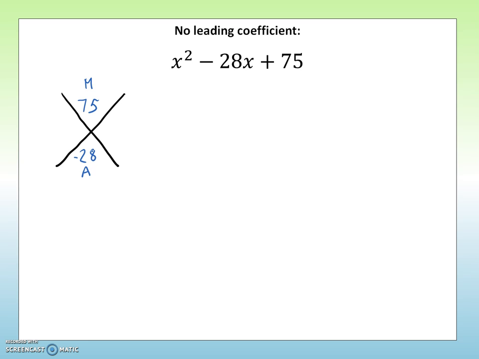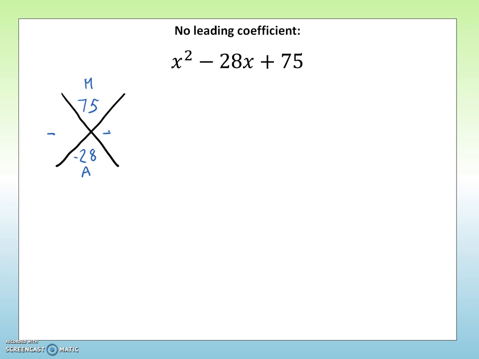Okay? Now, it needs to multiply to be a positive number, but it needs to add up to be a negative number. Well, the two situations to multiply to be a positive are positive times positive or negative times negative. It needs to add up to be negative 28, so both of the numbers that we find need to be negative.